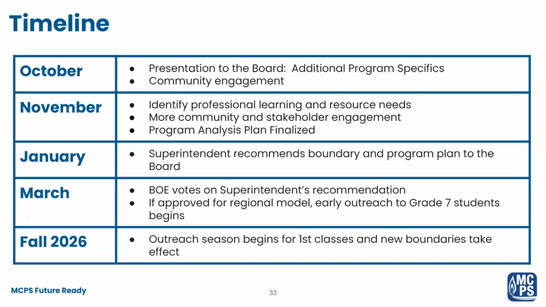In March, the board will vote on the proposed recommendations for both the boundary study as well as the proposed model. And then in the fall of 2026, we will start the outreach for those classes, and particularly for those students who will be a part of the new boundaries or a part of the changes in the regional model.